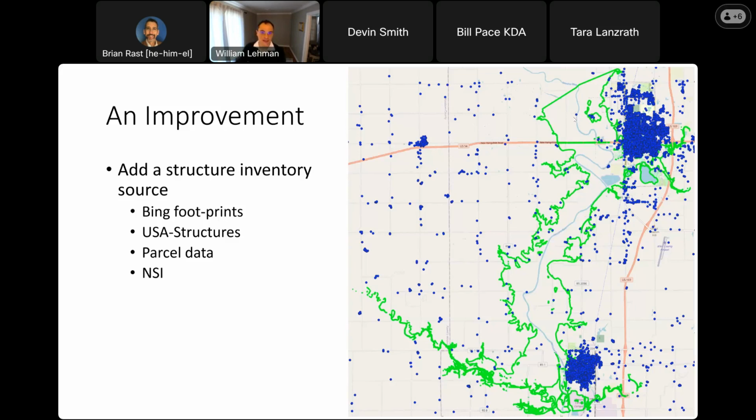If it's parcel data, I might know where its parcel is, but I might not know without further analysis where its location is specifically. With USA Structures, I might have a damage category, but I don't necessarily have a value. NSI tries to bring all that together so that we can have a better picture at our starting level, but because of the scale of the National Structure Inventory, it's not necessarily accurate everywhere for every attribute. So there are problems with the attribution.